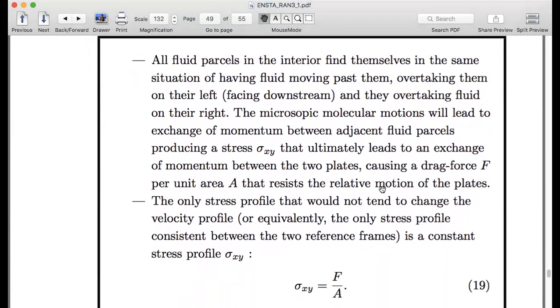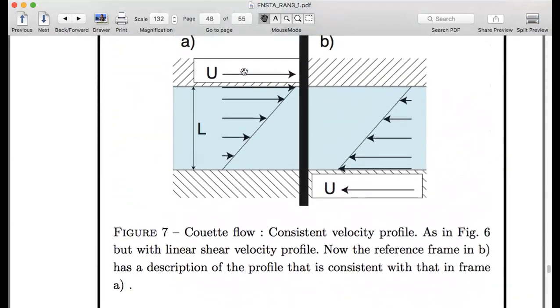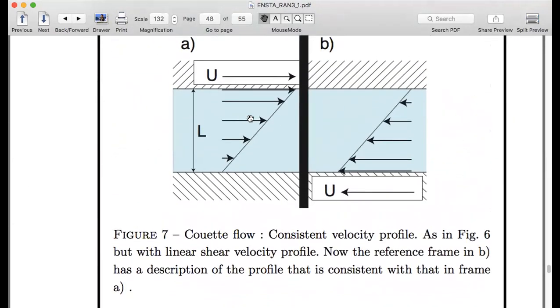Okay, we can go into a little bit more detail. So imagine you're a fluid parcel in the interior, say here, and you're moving along in the eastward direction. You see that parcels to your right are moving more slowly, so you're overtaking them.